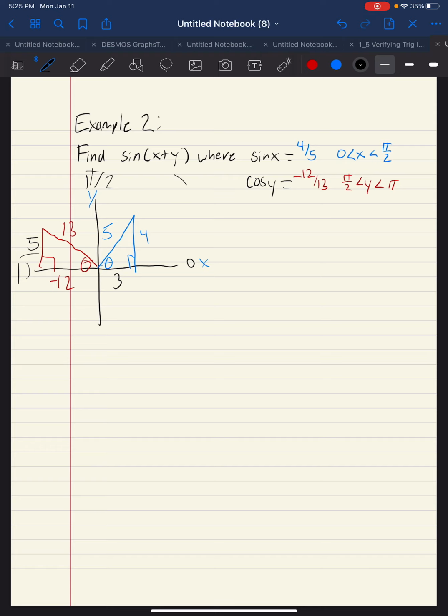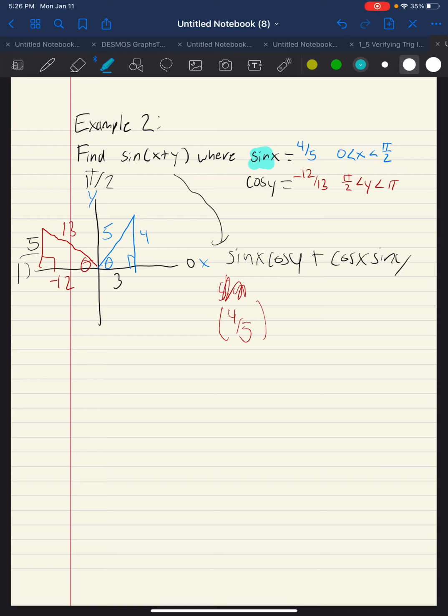And now let's help ourselves out. Sine of x cos y plus cos of x sine y. Just remember that formula. Once you get that, we can just start plugging stuff in. So we know sine of x is 4 over 5, because we have right here, sine of x is 4 over 5. And then cos y we do have also, which is right here.